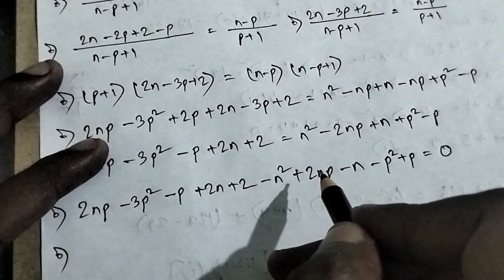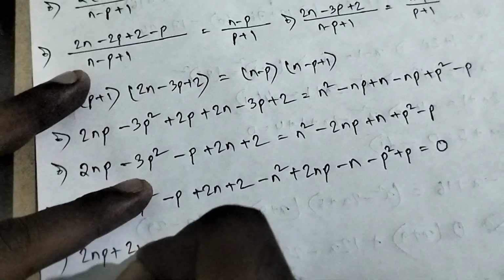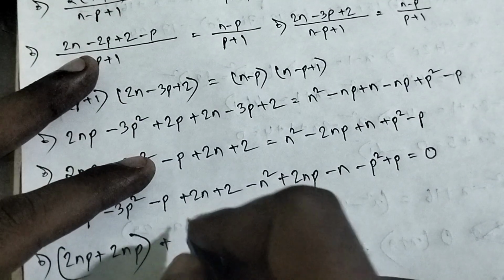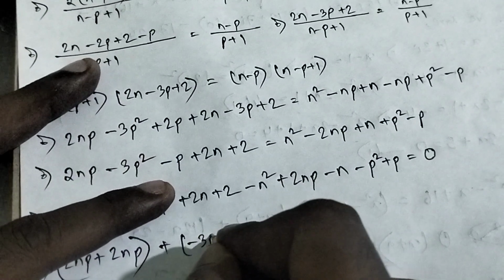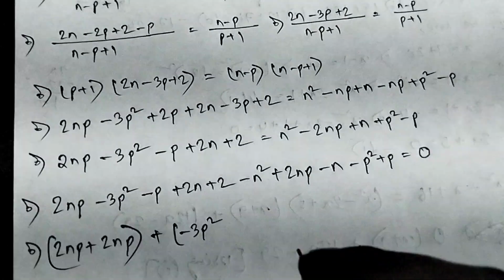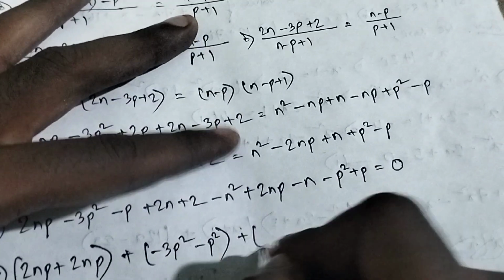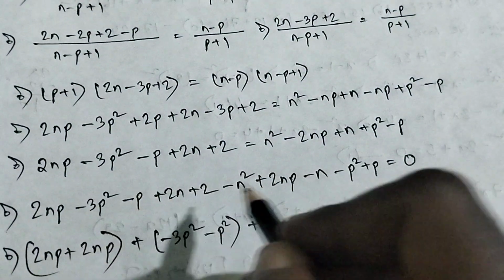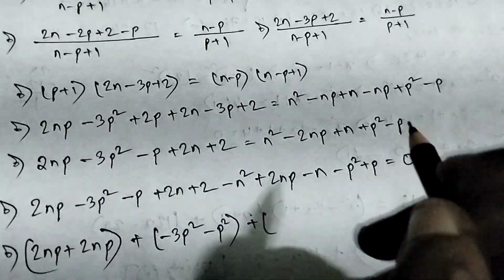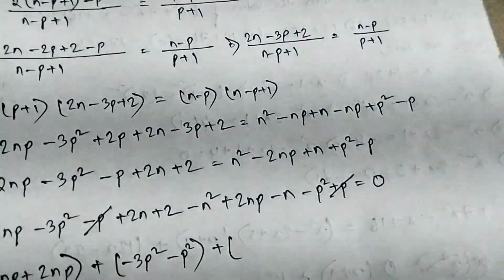So now 2np plus 2np, okay, plus minus 3p square minus p square, no problem, plus minus p plus p, minus p plus p will cancel each other.